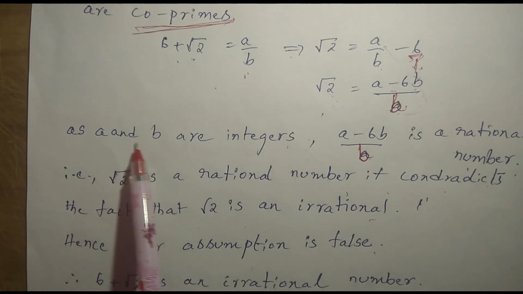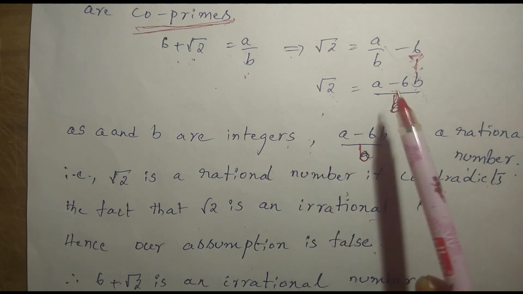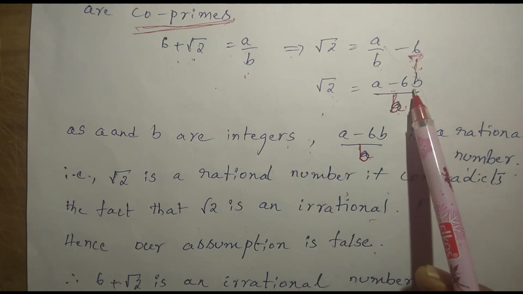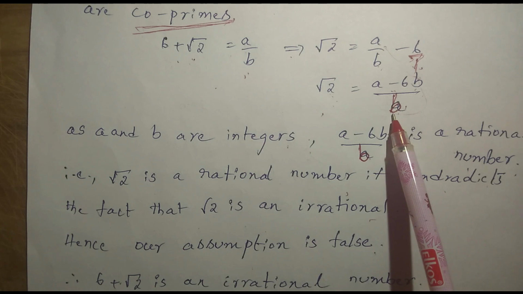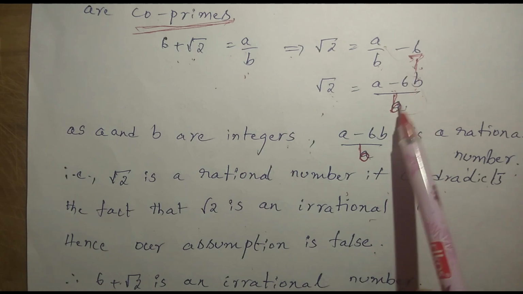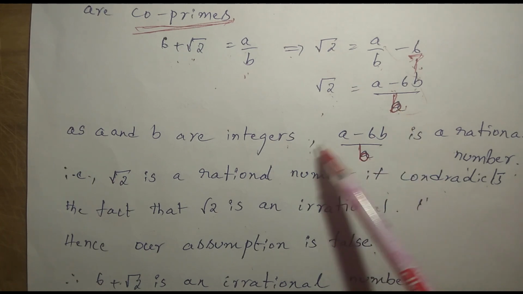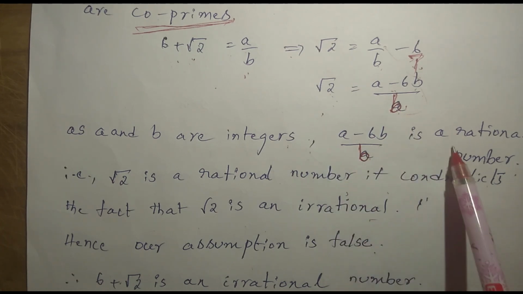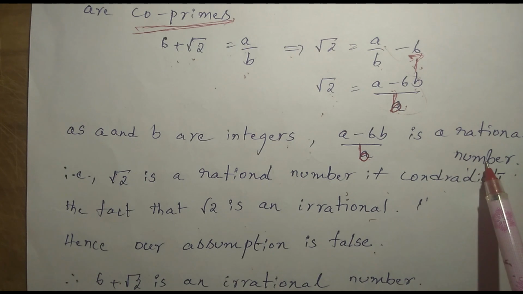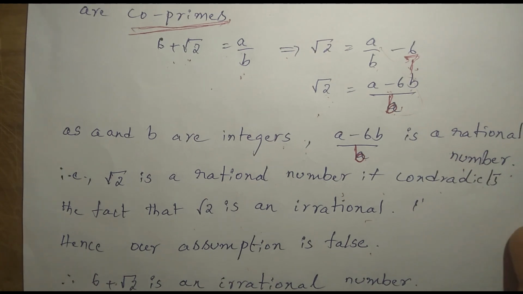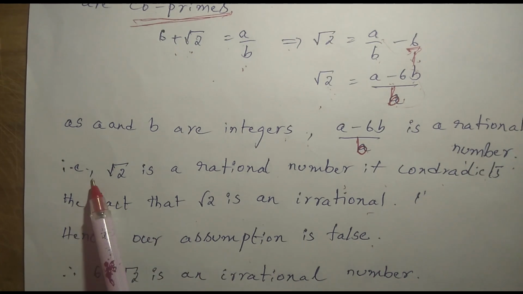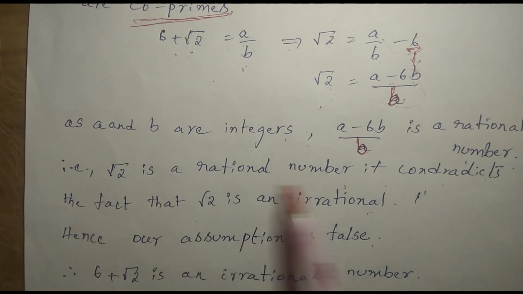Here a and b are integers, so a minus 6b is an integer and b is also an integer. Integer by integer is a fraction, which is a rational number. Then a minus 6b by b is a rational number. That is, √2 is a rational number.